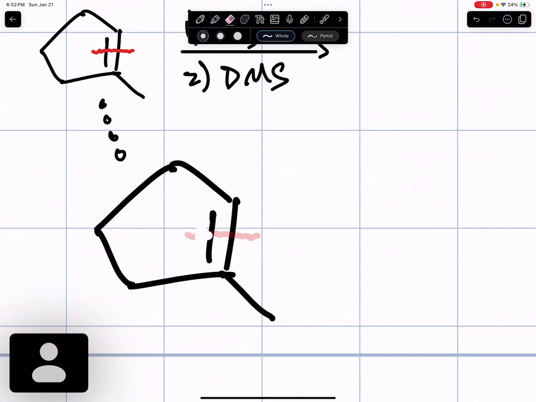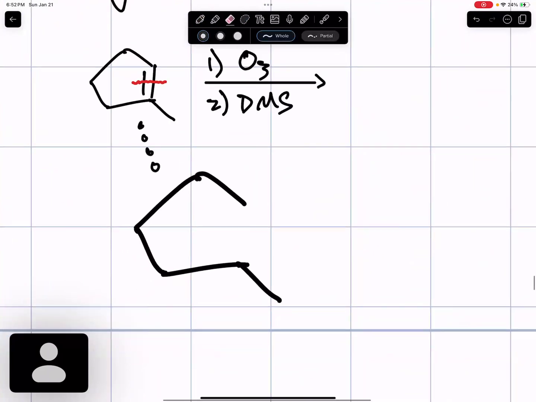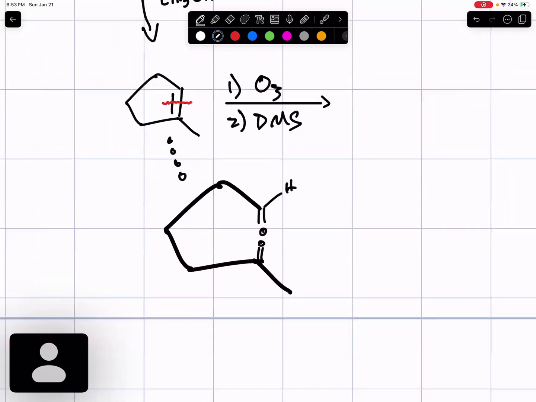If we break that alkene, now we're forming two carbonyls, right? Does everybody see that? Yes? No? Maybe so? Say yes.